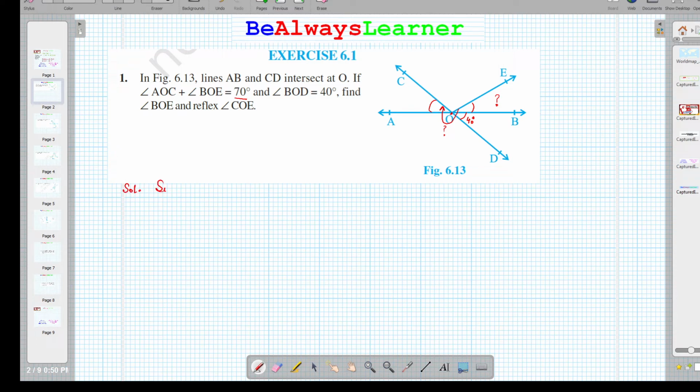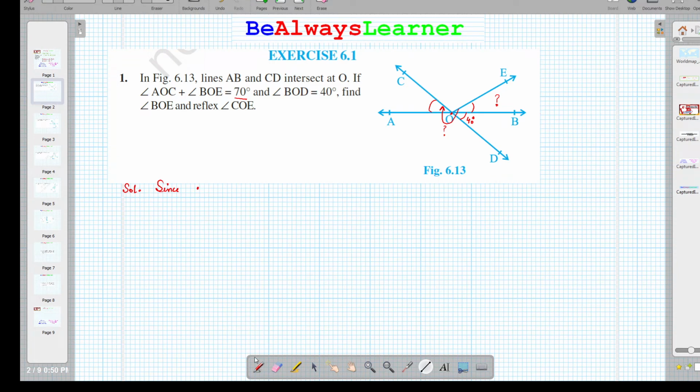since this line is a straight line, because OA is the opposite ray of OB, then we can say this is a straight line.